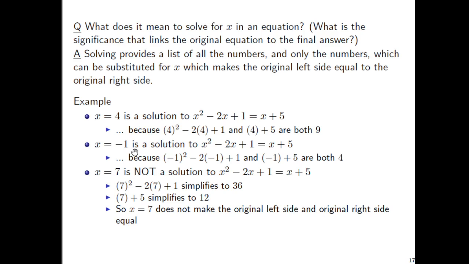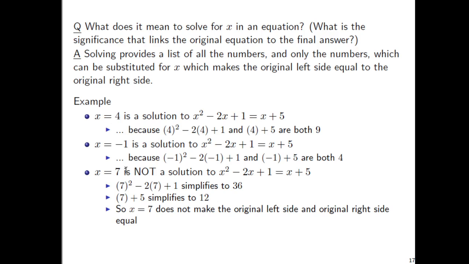Okay, let me just step back to make sure. This set of 3 examples, or rather 2 examples and a non-example, are trying to address what this question and answer are really talking about. We haven't talked about how to solve this equation. It happens to be a quadratic equation. But the whole point is, even without talking about how to solve it, we can at least address: is 4 a solution?